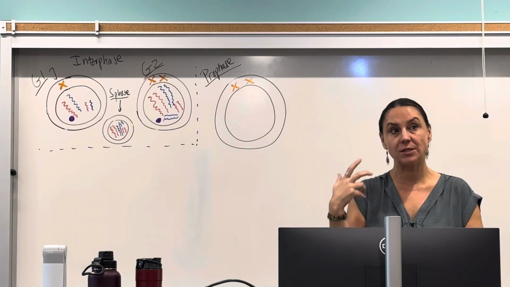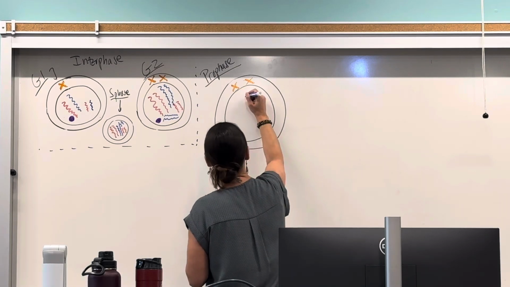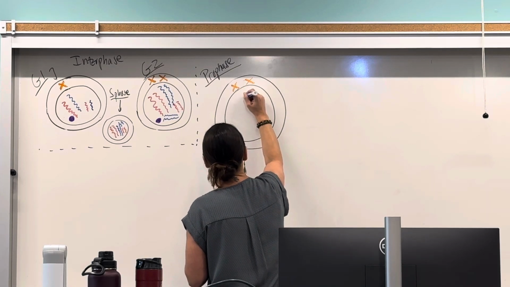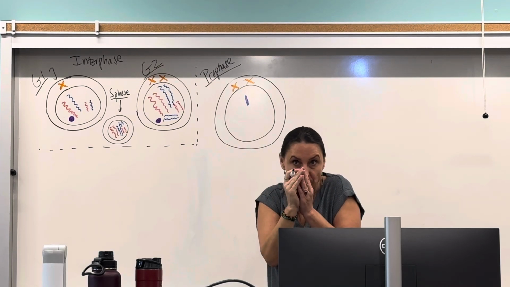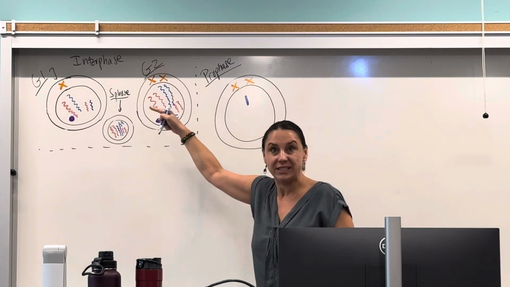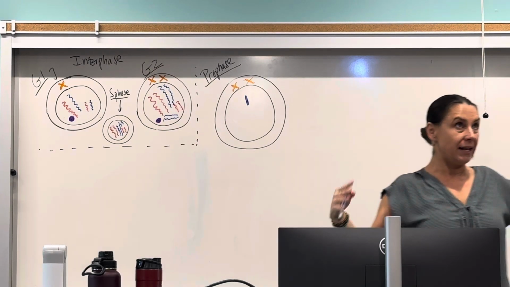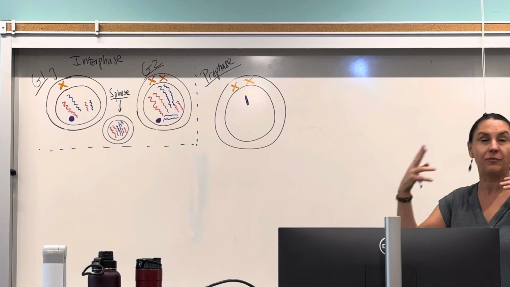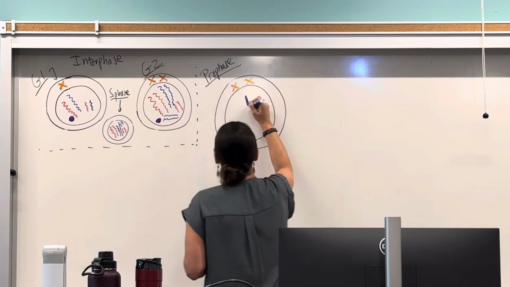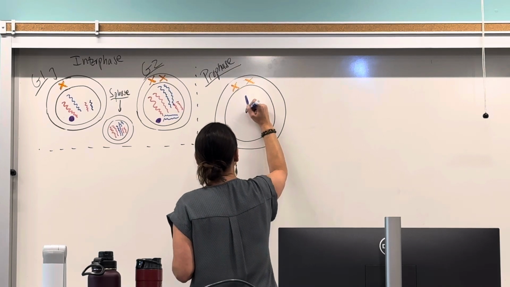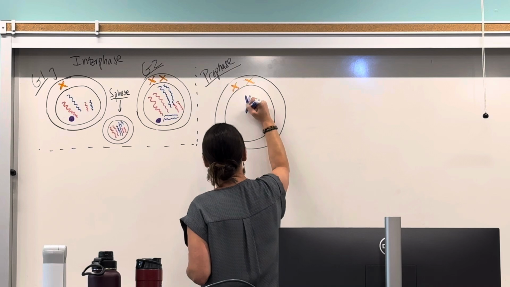So chromatin condenses to chromosome, and as it's condensing into chromosome format, the two identical DNA molecules, like you have, these now 92, but kind of like 46 pairs that are identical to one another. So chromatin condenses to chromosome, and then the two identical chromosomes, so I see this guy here and this guy here.